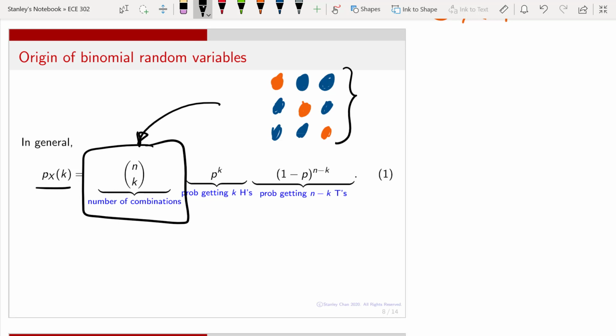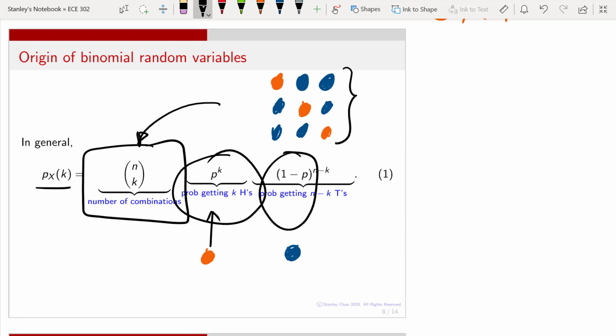How about this? This quantity says that I do want to get how many oranges. In this case, k could be equal to 1, and so you get 1 orange. And then the other one, if it is not orange, then it has to be blue, because the underlying random variable is a Bernoulli, so you have either one case or the other.